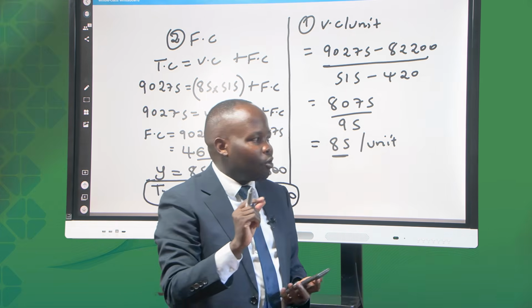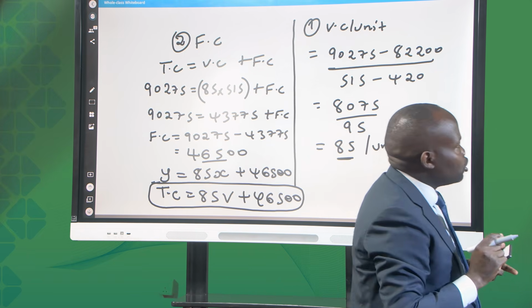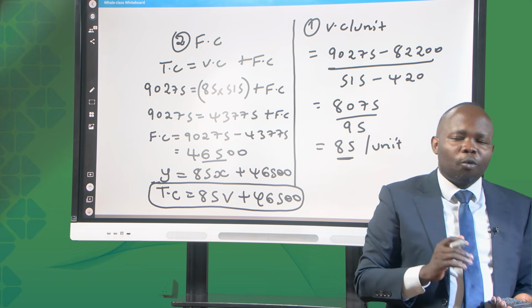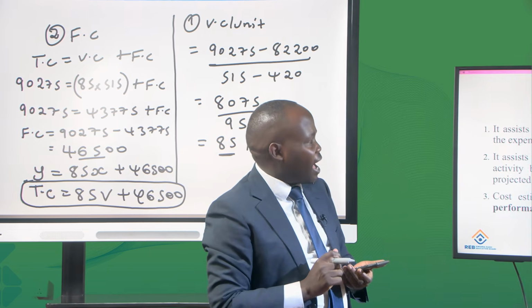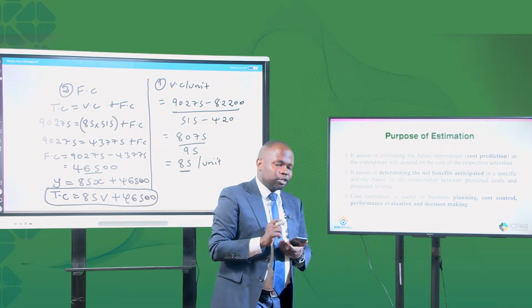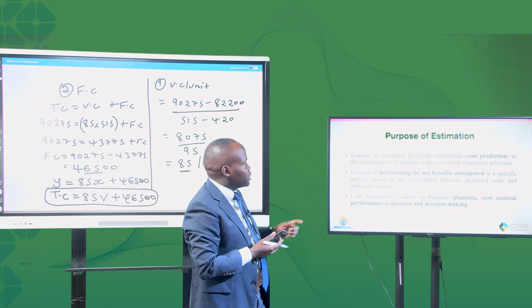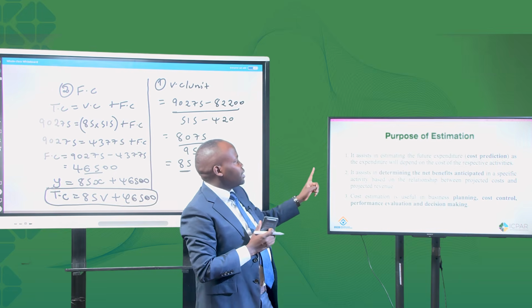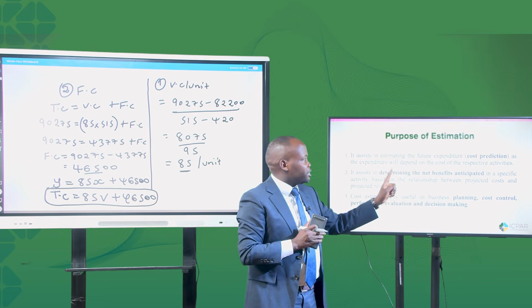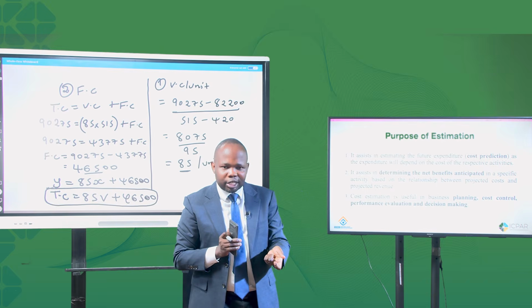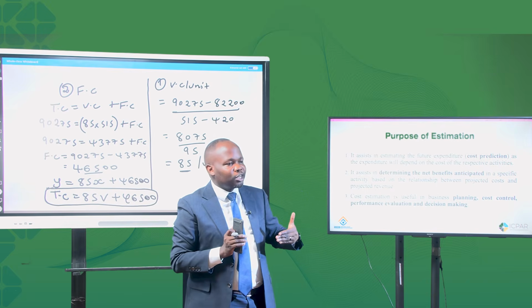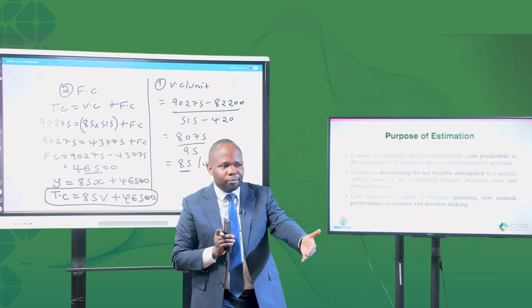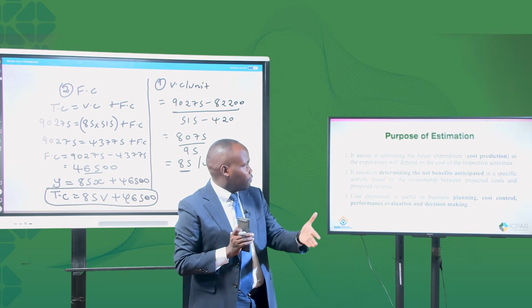And that is how we estimate the total costs. Why is it important to do estimation? There are 4 or 3 reasons why we need to estimate costs. Number 1, it assists in estimating future expenditure. Cost estimation enables you to know how much you will spend in the next month of May or in the next month of June.